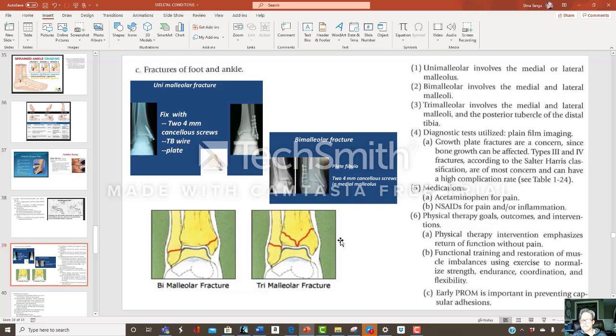And the trimalleolar involves the medial, lateral, and the posterior tubercle of the distal tibia. And again, growth plate fractures are a concern since the bone growth can be affected. Types 3 and 4 fractures are the most concerning and have a high complication rate.